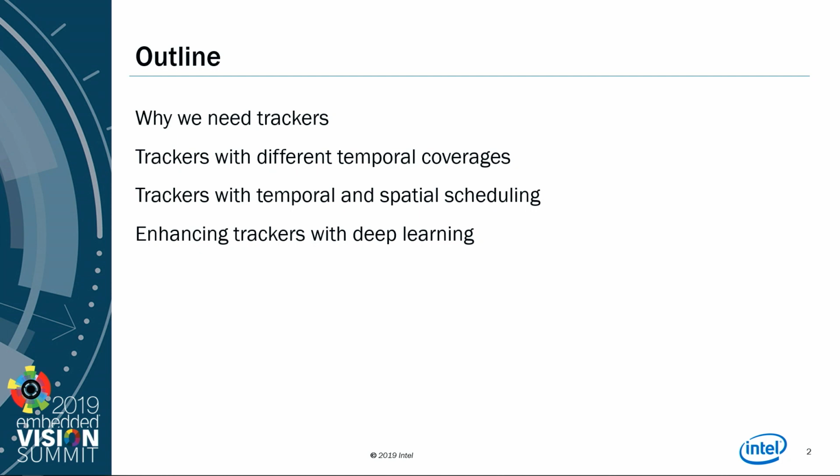And then I will introduce some important concept of temporal and spatial scheduling, which is very important when you combine some detectors and the trackers. And lastly, I want to briefly mention the recent advances of deep learning to enhance the trackers.